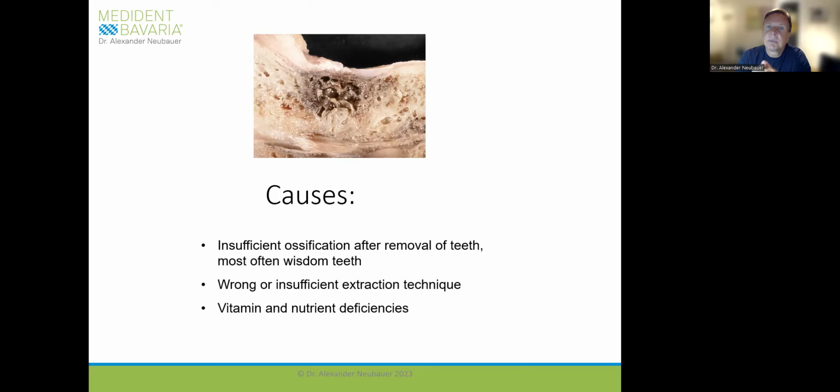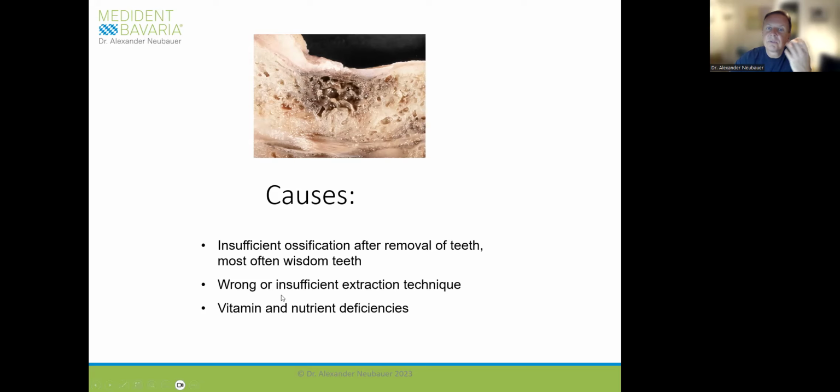Mostly it's about wisdom teeth. So why is that? One reason is a wrong or insufficient extraction technique performed by the dentist. Or, and this is also one big subject, at the point of the surgery, when the tooth was extracted, there was a vitamin and nutrient deficiency.